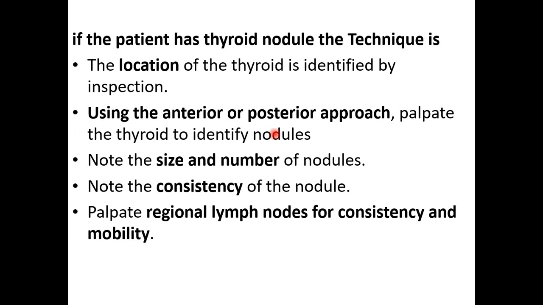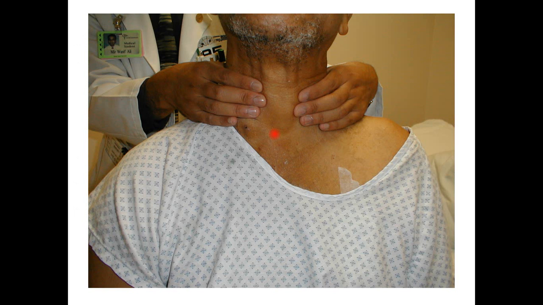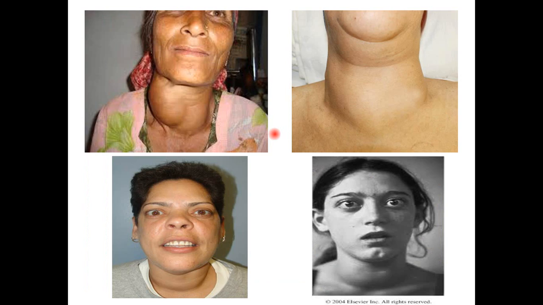One of the important causes of nodule is thyroid cancer. So you have to look for any regional lymphadenopathies and look for the consistency and mobility of the lymph nodes. This patient has a small thyroid nodule, and this is the way of examining the thyroid gland using four fingers, the pads of four fingers, just like the examination for lymph nodes.